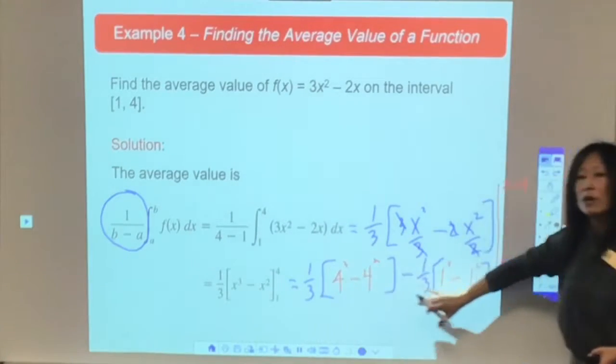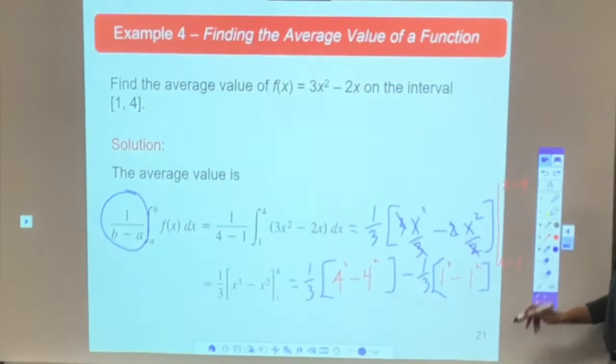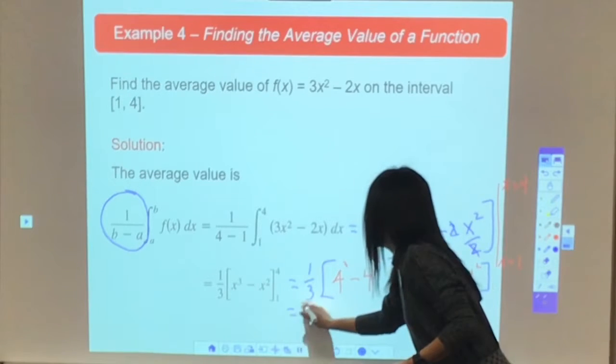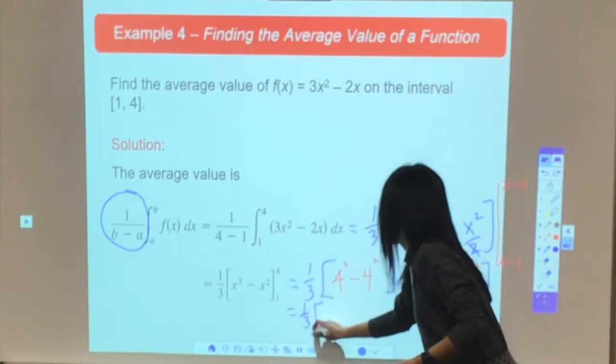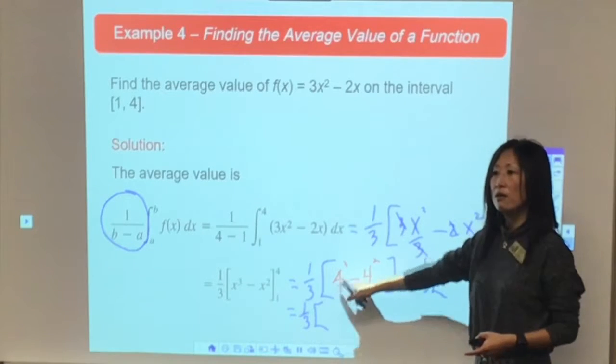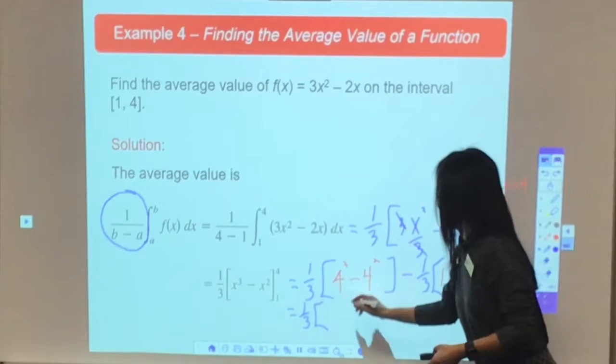Upper limit minus lower limit. Is everybody with me? I simply plug it in and simplify this. That will give you one third times, what is this one? 64 minus 16, am I right? Yeah, I think so.